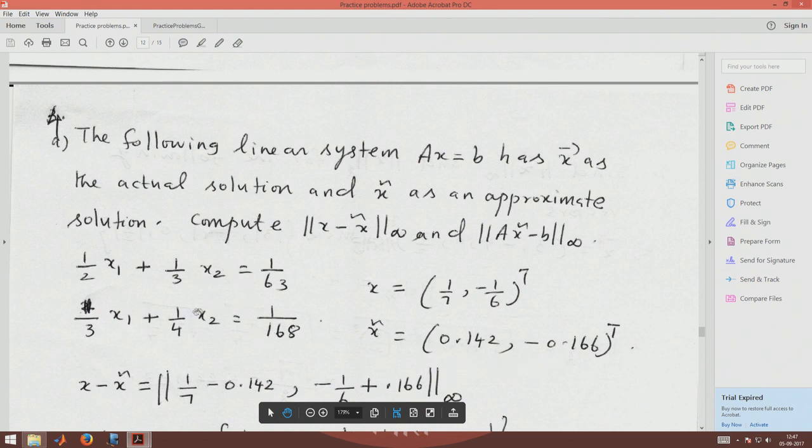So, solve this system say by applying Gauss elimination method with partial pivoting and get the solution correct to 3 decimal places, and that is what is your x tilde.